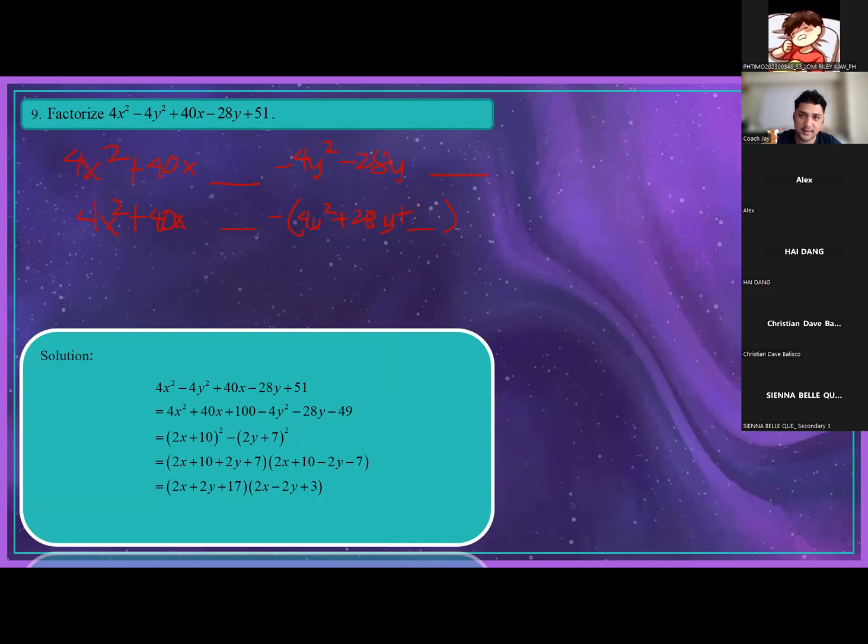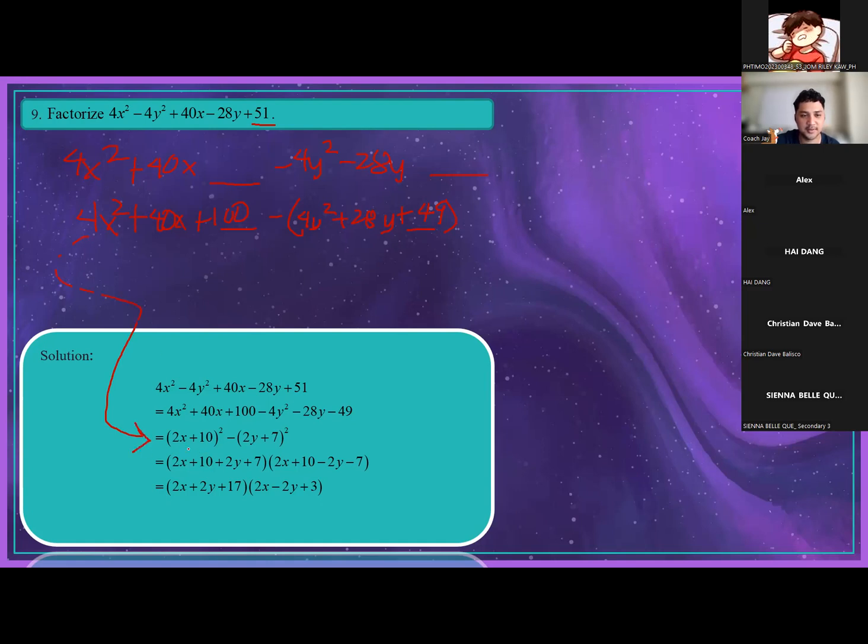This would be 49. And the remaining would be 100, plus 100 so that our constant is still 51. That's 100 minus 49, still 51. So completing the square from here, starting.